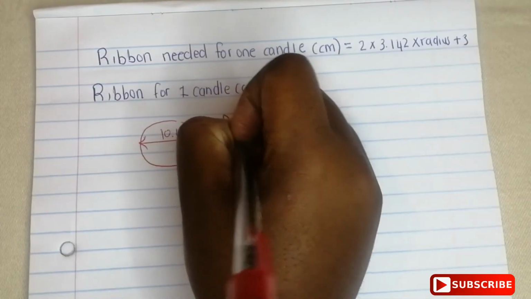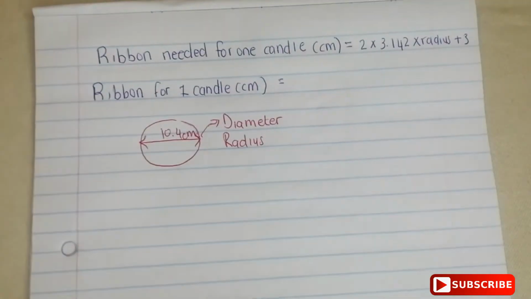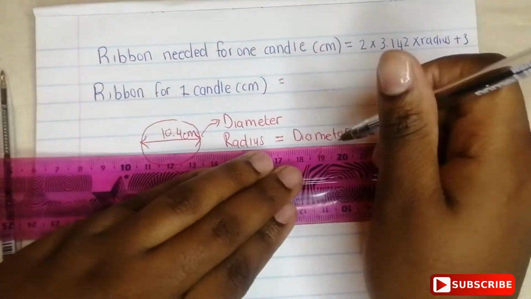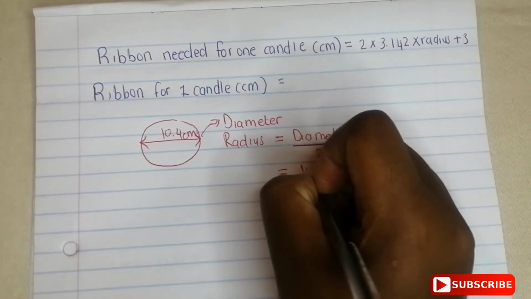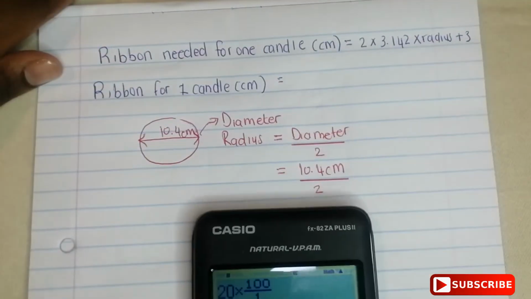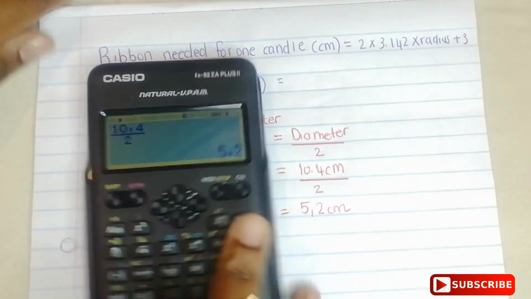So the radius is equal to the diameter divided by 2. The diameter is 10.4 centimeters divided by 2, so our radius is 5.2 centimeters.